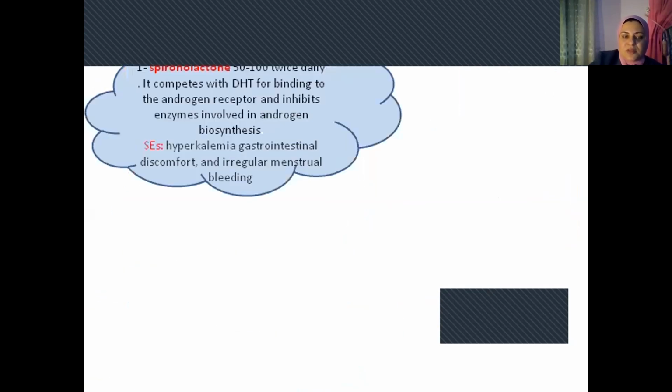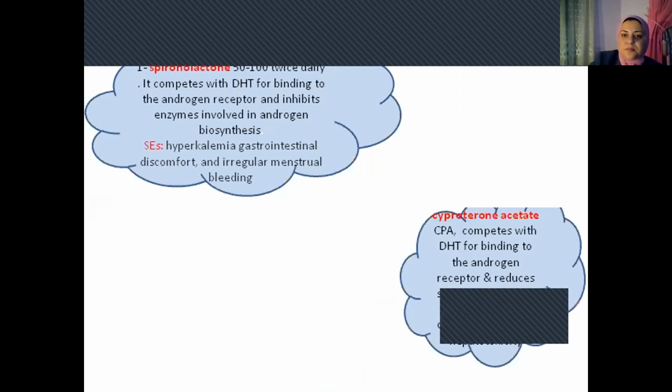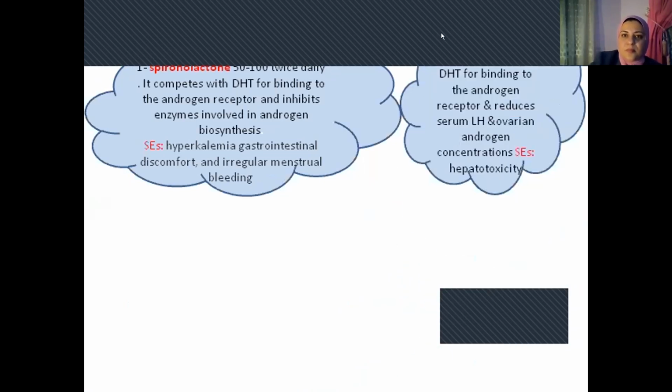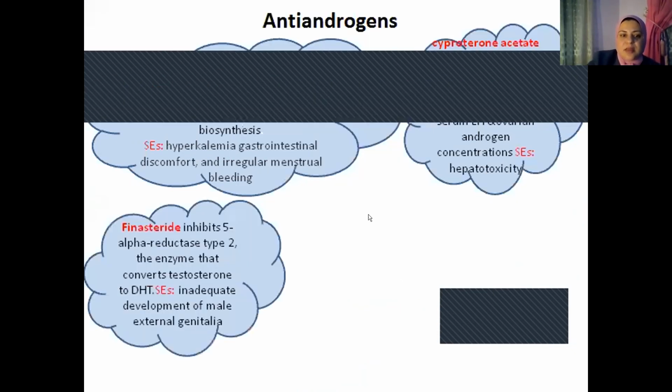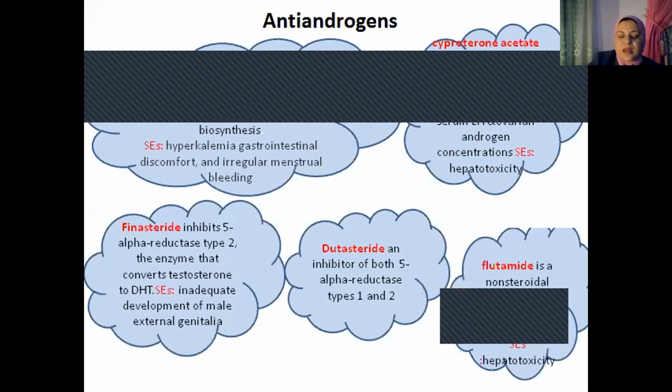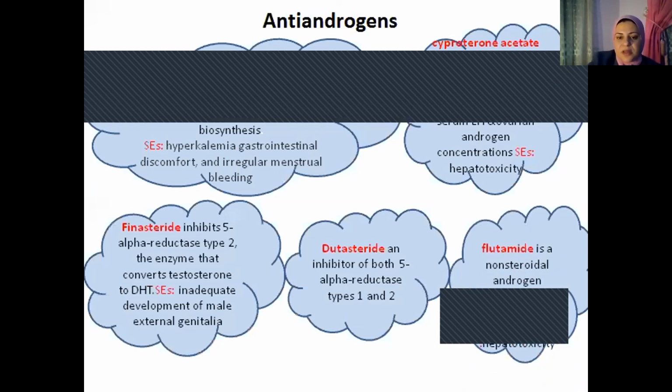The available drug is spironolactone 50 to 100 mg twice daily. Others include cyproterone acetate and finasteride, then dutasteride, and lastly flutamide. These are the anti-androgen drugs.